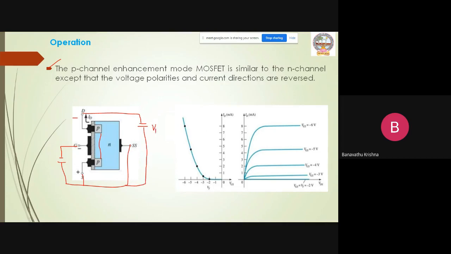Due to this negative voltage, the channel is established in between source and drain. The majority charge carriers enter into the source region through the source terminal. Those majority charge carriers are positively charged carriers, so they are always looking towards the negative potential. This voltage is nothing but VDS, and it is going to be variable, right? The negative potential is applied at the drain terminal, so the holes are moving towards the drain. The direction of current is the same as the hole movement direction, whereas in N channel, the current direction is reverse to the electron movement direction, right?